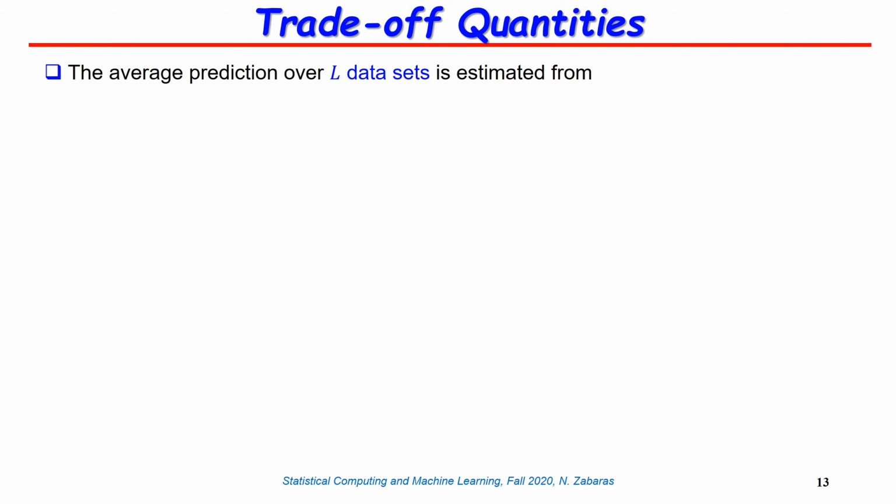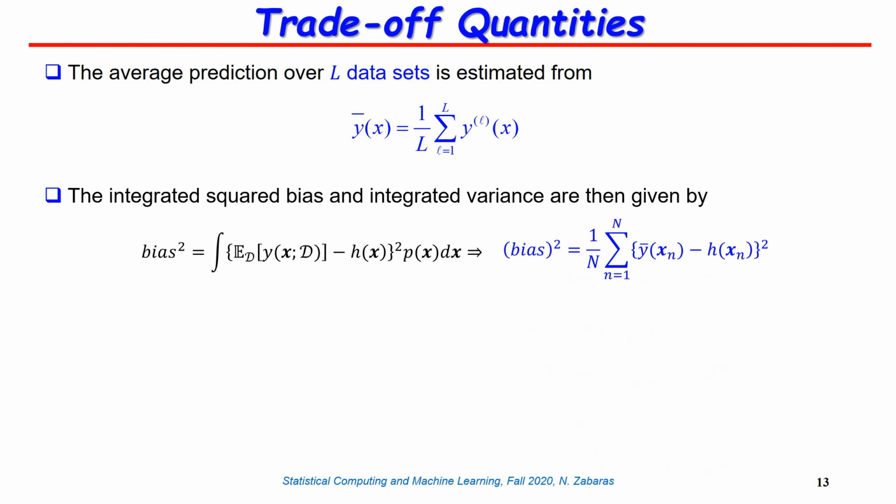So let's say that you have L data sets, so your training algorithm will operate separately on L data sets. So the average regression function that we saw before is computed with the sample average, if you like, and then you can approximate the variance. You notice the variance here requires an integration, it's an average over p of x.